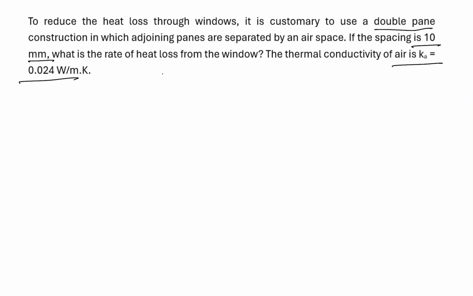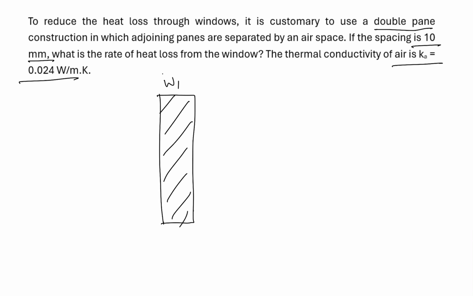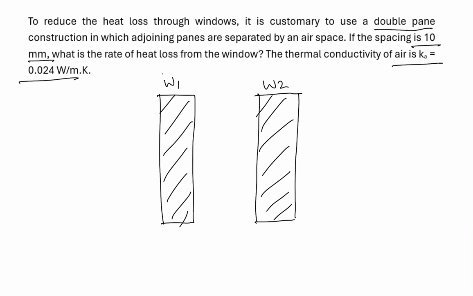So if we draw the schematic for this, there is pane 1, then there is an air separation, and this is pane 2. So this separation is 10 mm and the window pane is of thickness 0.005 meters or 5 mm, and the same for this window as well.